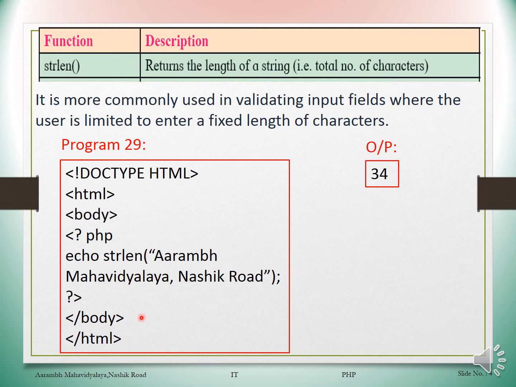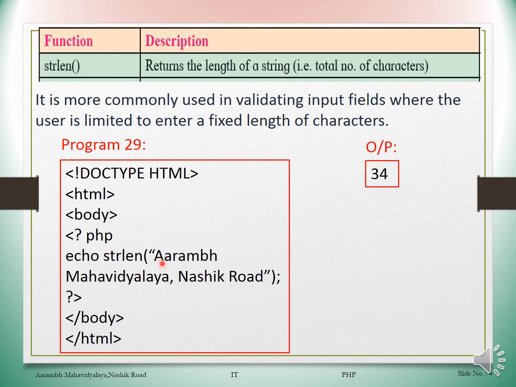Now in this program we have to find out the total length of the provided string. Our provided string is Arambha Mahavidyalaya, Nasik Road, and the total number of characters within this string is 34. Whatever white spaces there are, those white spaces are also counted.